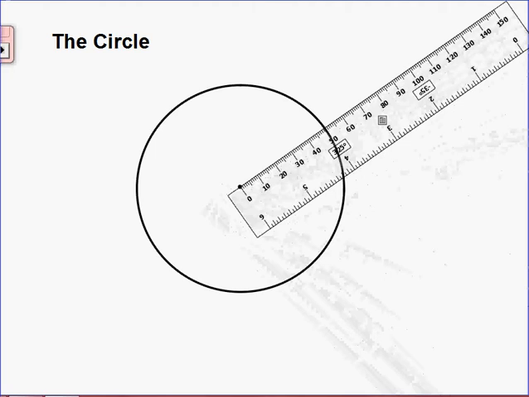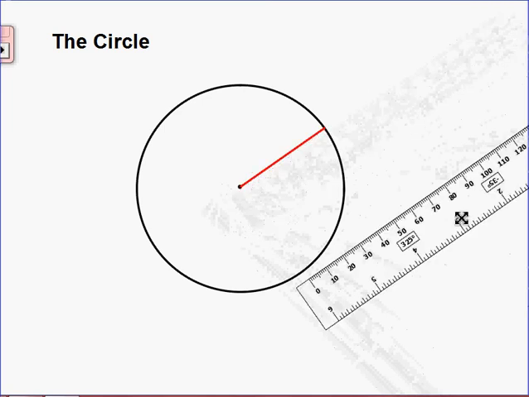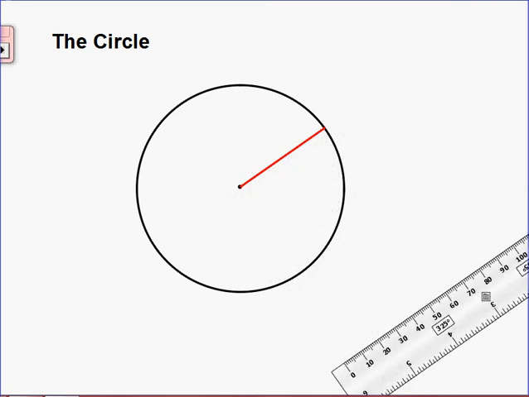So let me put this down for you. So this line I'm going to draw is the radius. Okay, so that line is the radius.